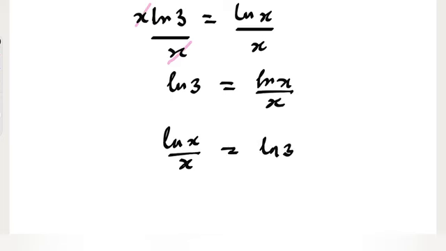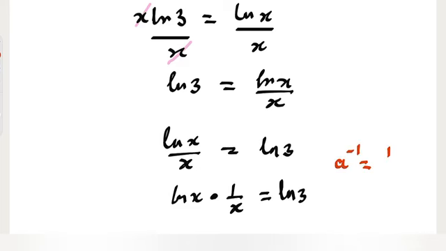Alright, the next thing we're going to do here is to have ln of x multiplied by 1 over x equals ln of 3. Recall that a to the power of minus 1 is the same thing as 1 over a. So we apply the same thing here, so that 1 over x will be x to the power of minus 1.